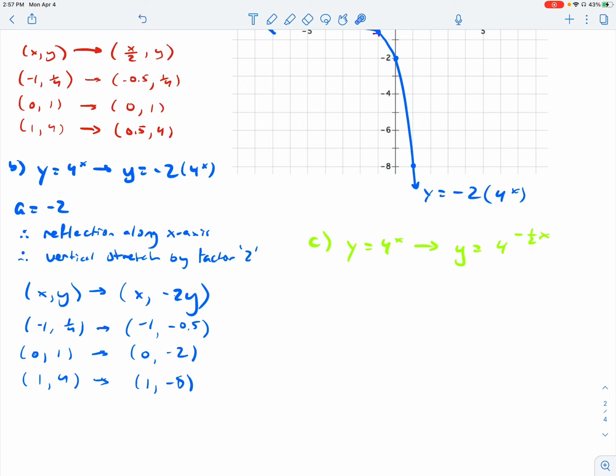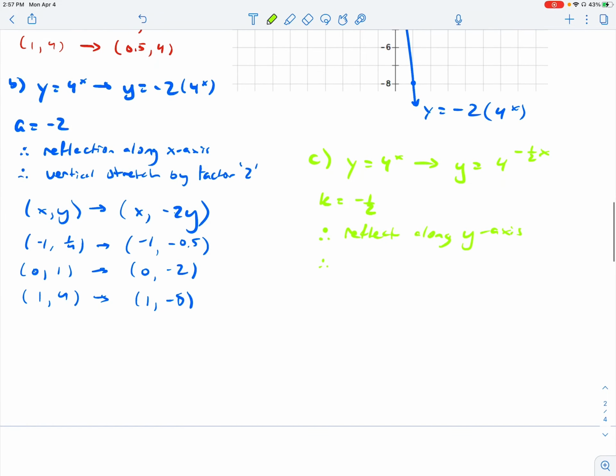So my x is being multiplied by another number again. That means it's k. k equals negative a half. Well, what does that mean? It first means we're going to reflect, because it's negative, reflect along the y-axis.